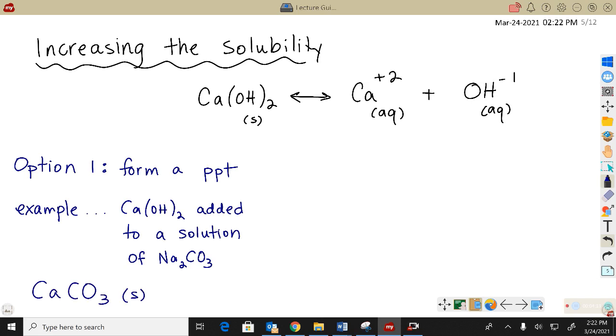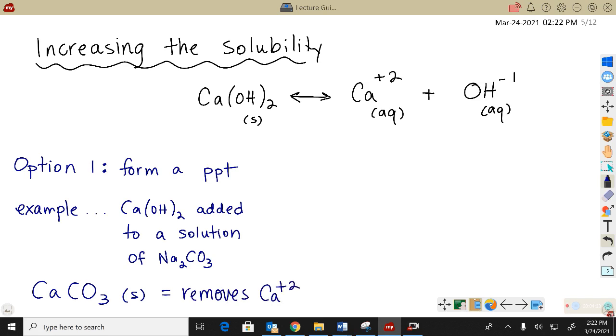Well, what if you form a precipitate then? If I form a precipitate with that calcium ion, now that's a way of removing calcium ions.